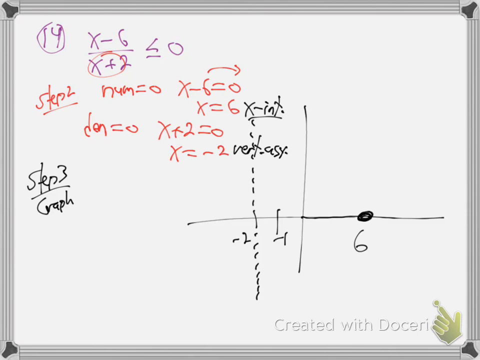So when you have vertical asymptotes, here's my suggestion: just plug in a number in each section to find out if it's positive or negative. Rather than bounce, pass through, end behavior stuff, just plug in a number. It just gets too tough with the vertical asymptotes.